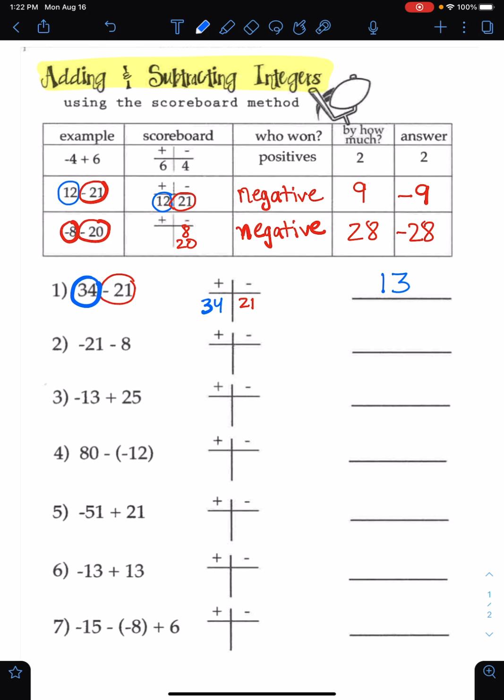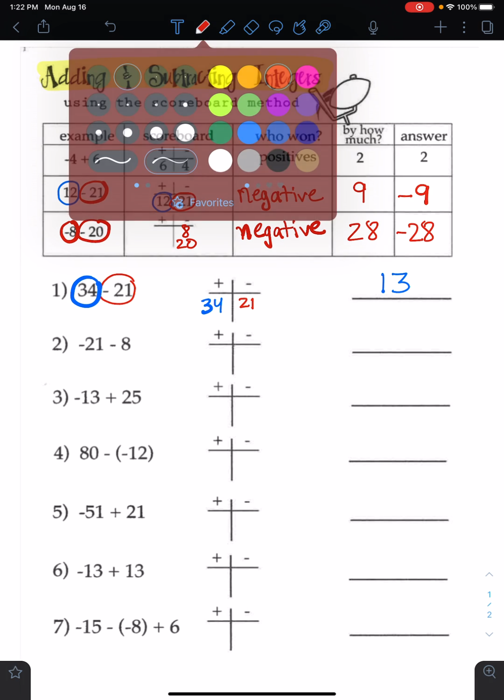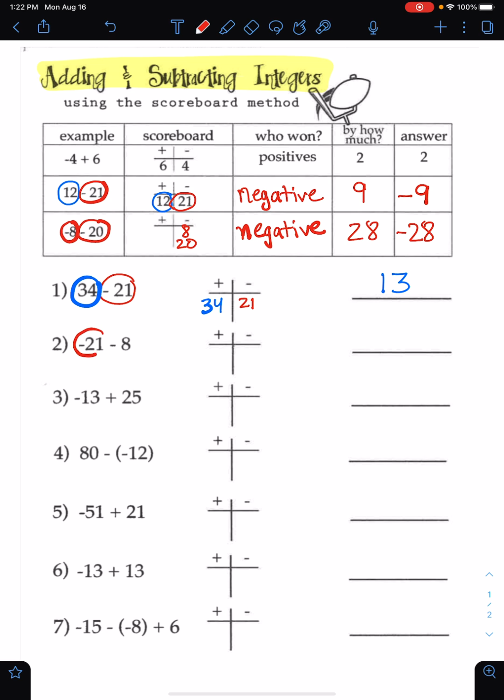We have 34 positives and 21 negatives, so we have 13 more positives than negatives. And if we have more positives, the answer is positive. In the next problem, we don't have any positives again. We have 21 negatives and 8 more negatives. So altogether, the negative team is going to win by 29 points because we have all negative points.